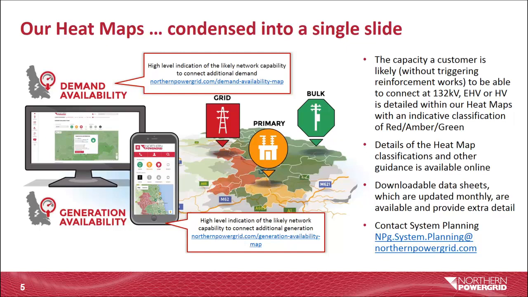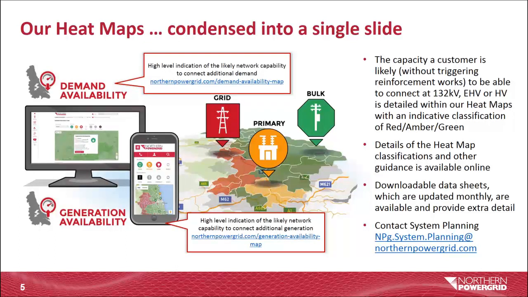Our heat map condensed into a single slide. Our heat maps are a graphical view online that provides an indication of the capacity that a customer is likely, without triggering works or costs, to be able to connect at either 132 kV, extra high voltage, or high voltage, and it's given an indicative classification of red, amber and green, implying how easy or quickly or cheaply a connection is possible.